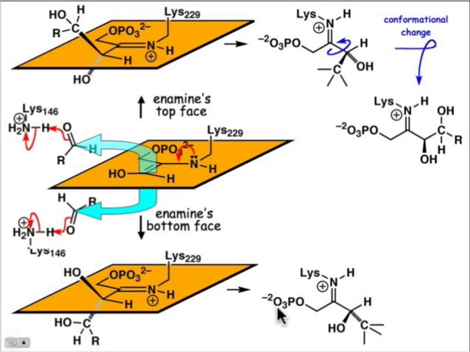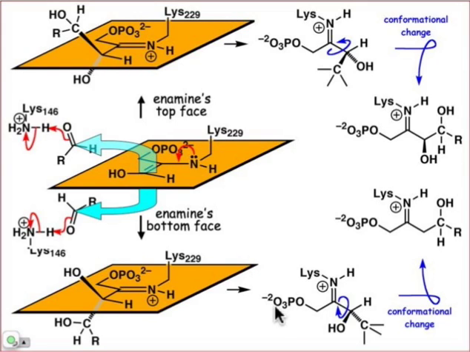And if you can't see that, I would encourage you to build a model. We need to do a conformational change to put all the carbon atoms in the plane, and when we do that, this carbon atom is going to occupy the position of this hydrogen, and so we're rotating in a direction in order to bring this carbon atom up to that position.